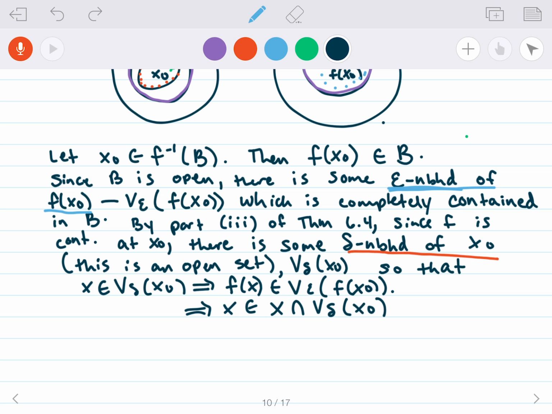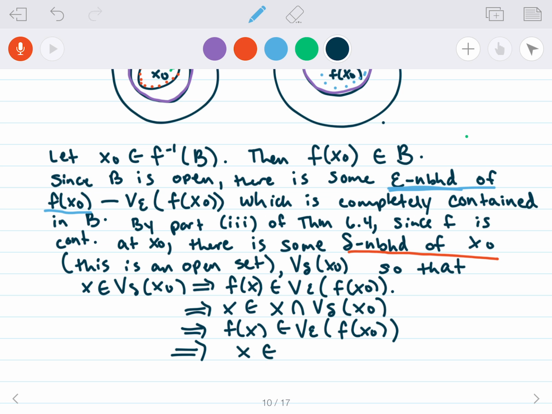Okay. And what else did I want to say about this? Okay, so this is going to imply that f of x is in, we already have this, the epsilon neighborhood of f of x naught. And so what does this mean? This means that if f of x is in the epsilon neighborhood, then x is going to be in the pre-image of that epsilon neighborhood.